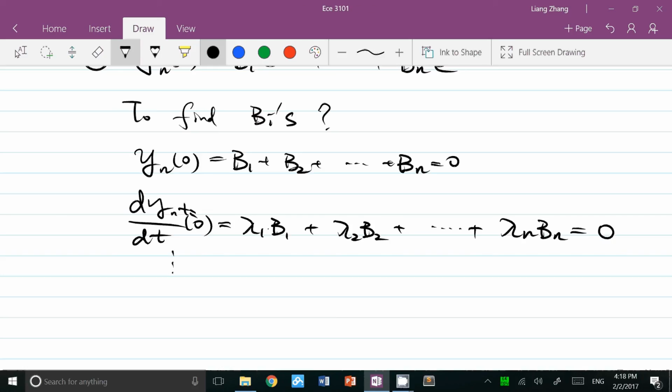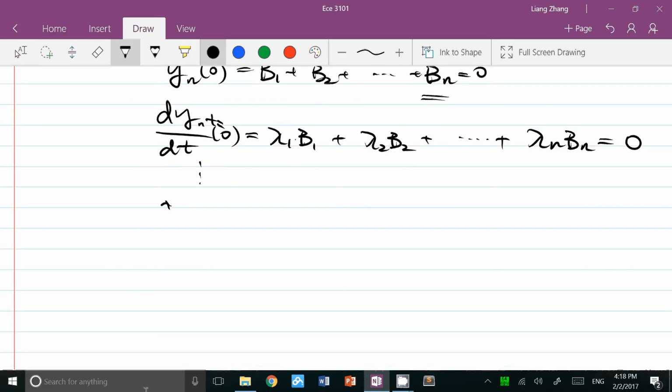And you can do this since you have a total of n unknowns, you need a total of n equations. So this will go all the way to the (n minus 1)th derivative of yn, d^(n-1)/dt^(n-1), evaluated at t equal to 0.